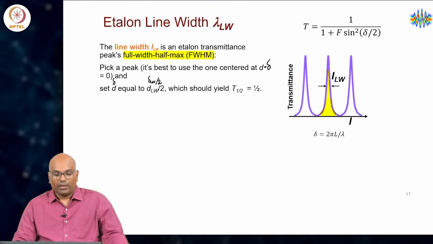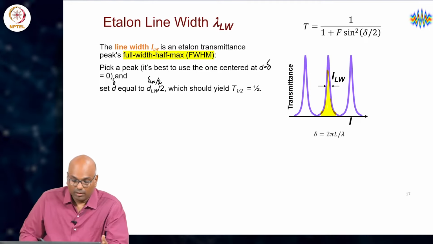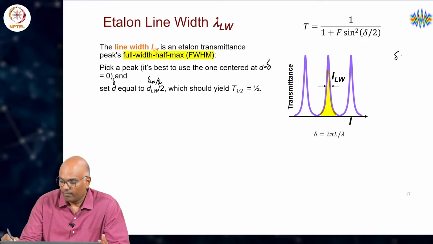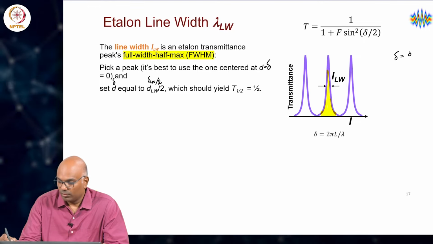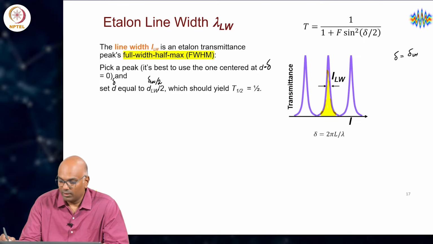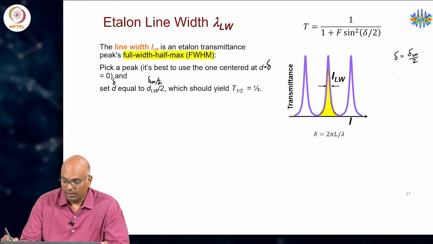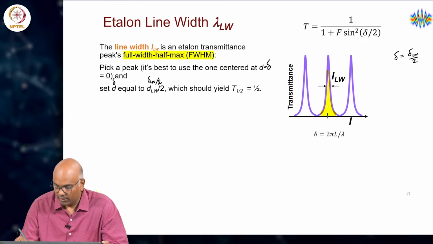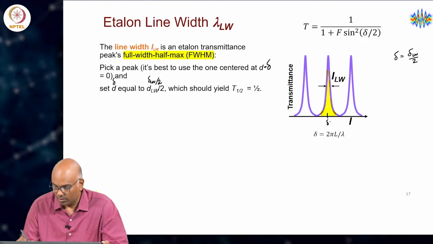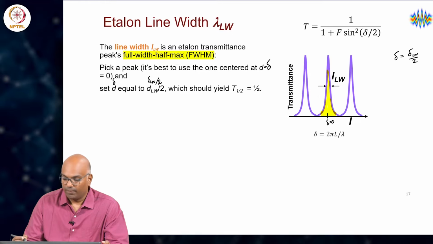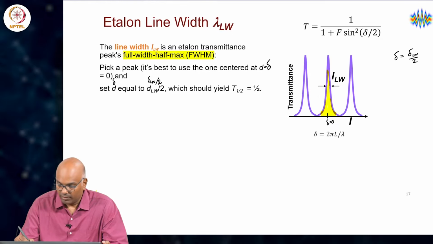At this value of delta equal to delta LW by 2, the transmittance, let us say we took this peak, this was delta equal to 0.